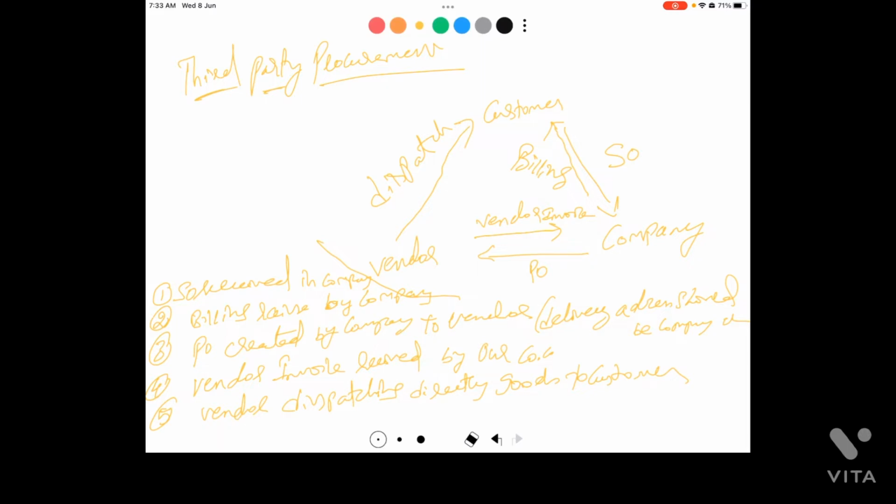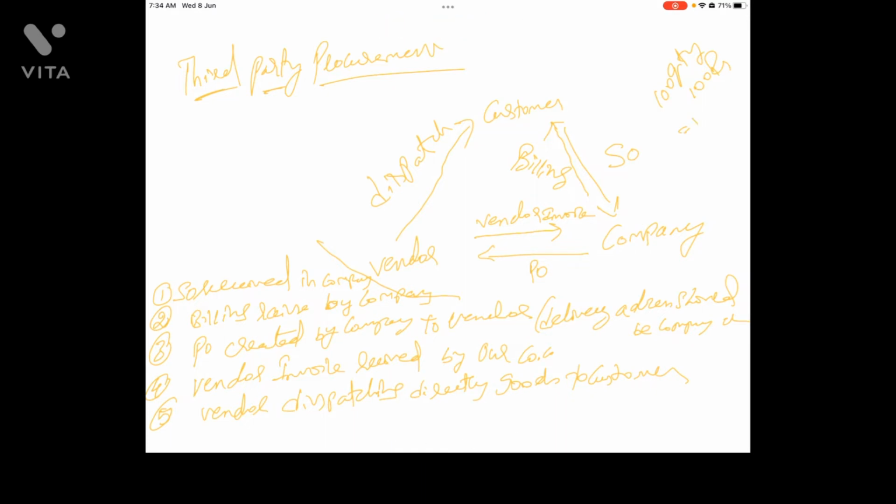Clear? So suppose the customer orders 100 quantity at a cost of 100 rupees. The total value is 10,000. When I order from the vendor, I might get it at a cost of 90 rupees, 90 rupees for 100 quantity.